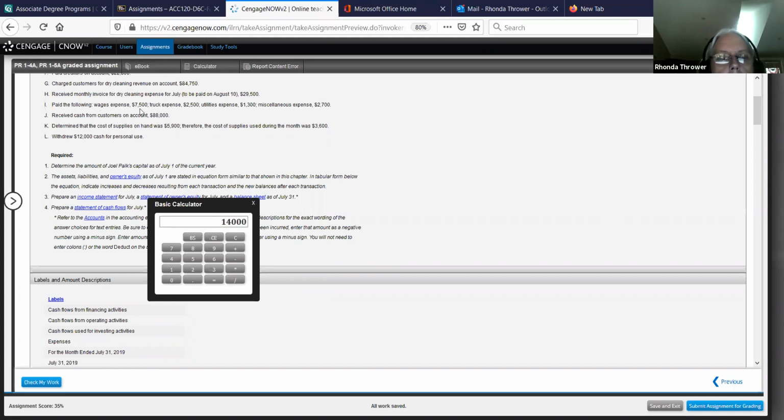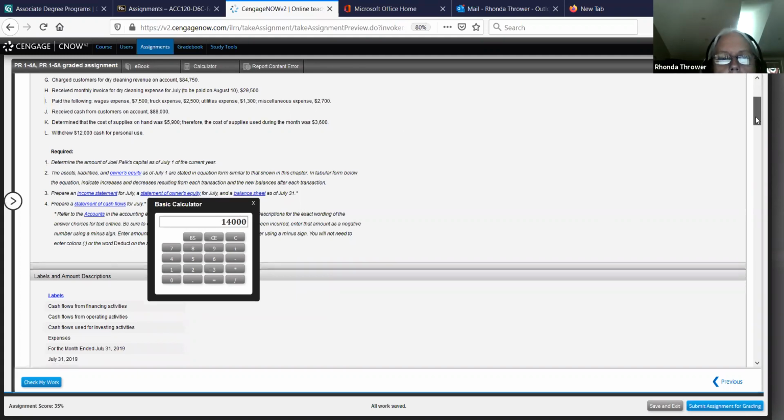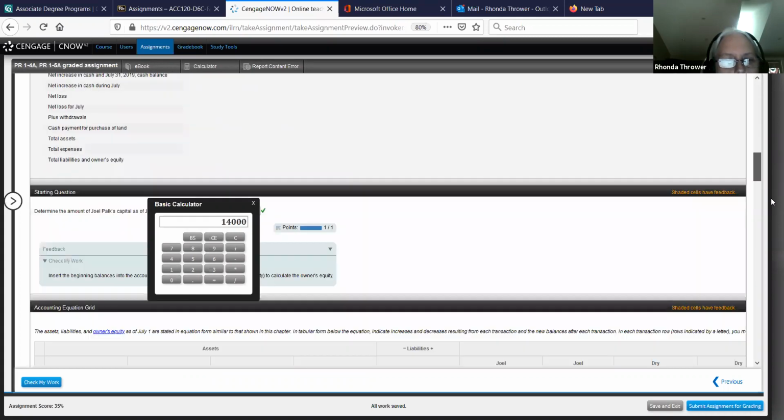So again, what I did is I added my wages expense, my truck expense, utilities expense, miscellaneous expense. All that came up to $14,000. And because I am paying these expenses, my cash is going to be decreasing by $14,000.